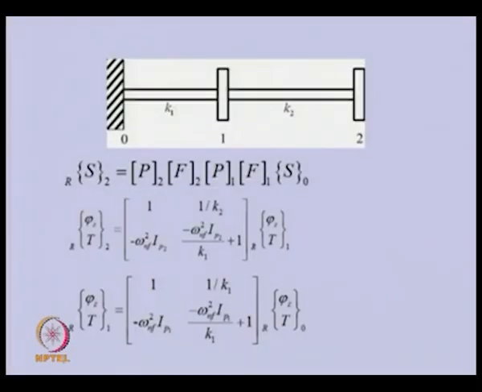So we have seen very simple examples, and in this particular case the aim was how to apply the boundary condition and how to get the frequency equation. Now we will see a slightly more complex example in which we have two disks. The example is this one.